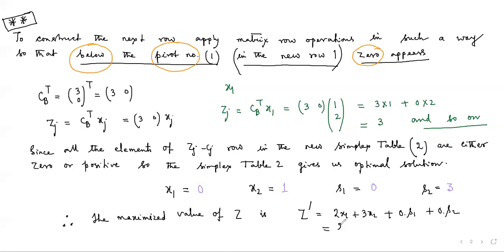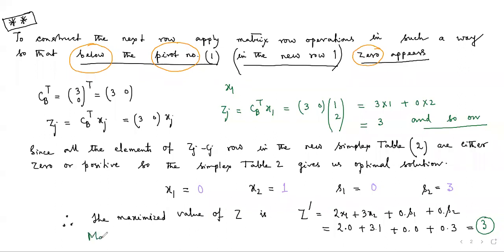Put the values: 2 into 0 plus 3 into 1 plus 0 into 0 plus 0 into 3. And the answer is 3. The maximum value of the objective function is 3.